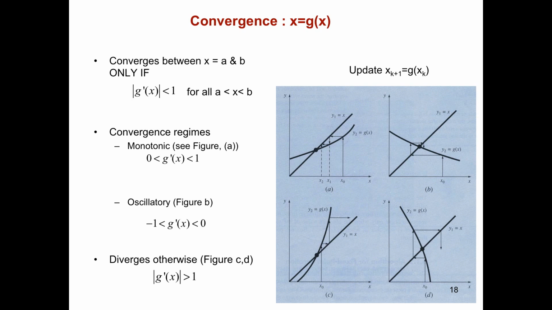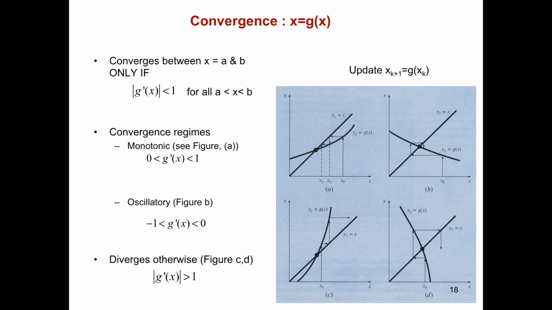This point has both y and x value equal to g of x0, so its x value is my x1, because y and x values are equal on this line. Then for this value, I'm finding my g of x1, which is now this much. That's my g of x1, that's my x2.